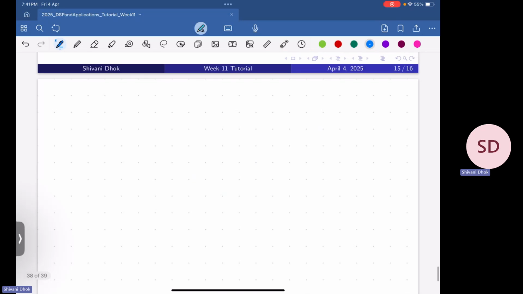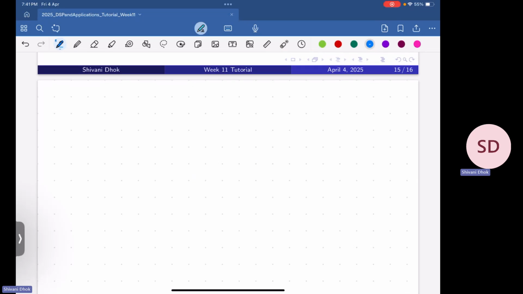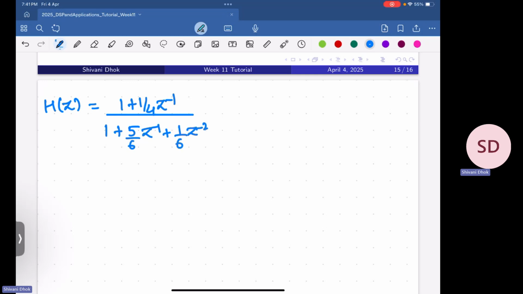So in order to realize this IIR system using the lattice structure, we write this H of z, which is equal to 1 plus 1 by 4 z inverse divided by 1 plus 5 by 6 z inverse plus 1 by 6 z to the power minus 2, as summation m running from 0 to 2 of cm into am tilde of z, whole divided by a2 of z.